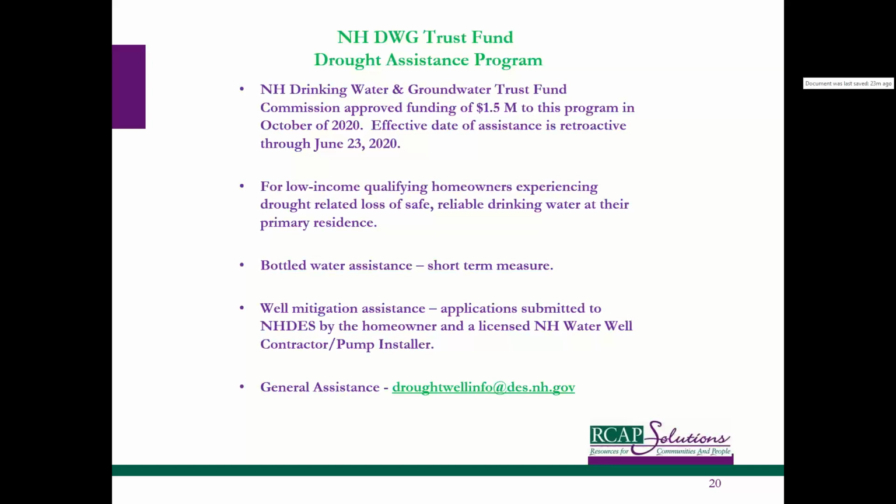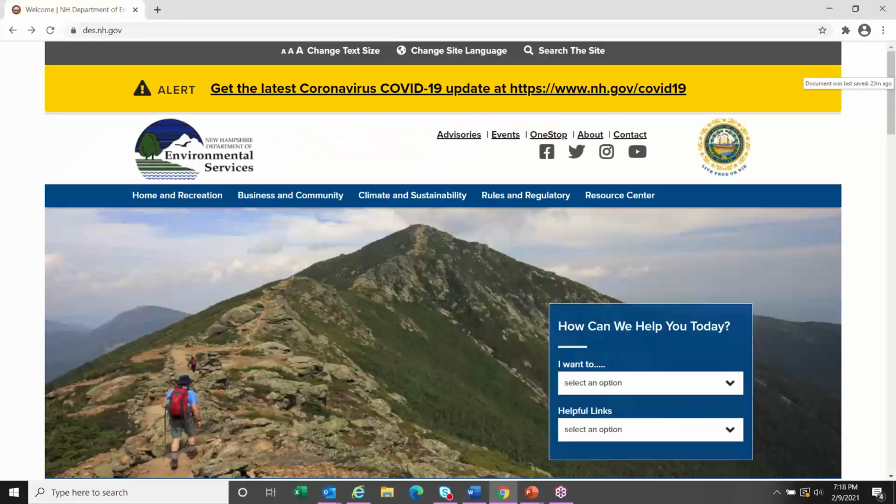And the last resource that I wanted to go over is the New Hampshire Department of Environmental Services website, which is their homepage. They actually redesigned this a couple months ago, I believe. But this is a great resource for well owners and well users, of course.